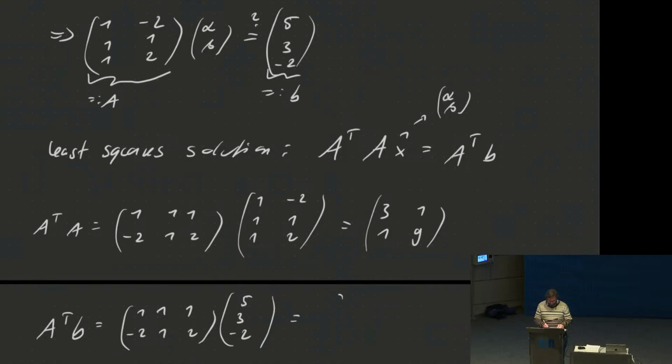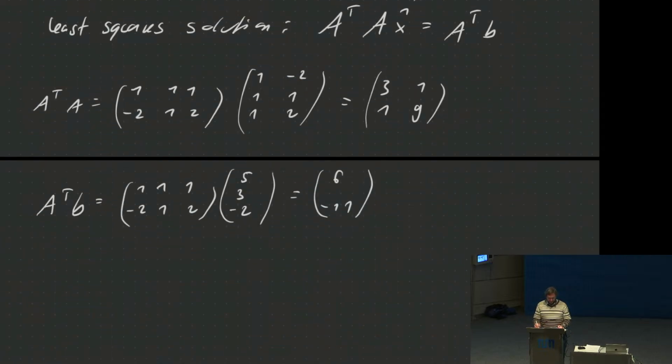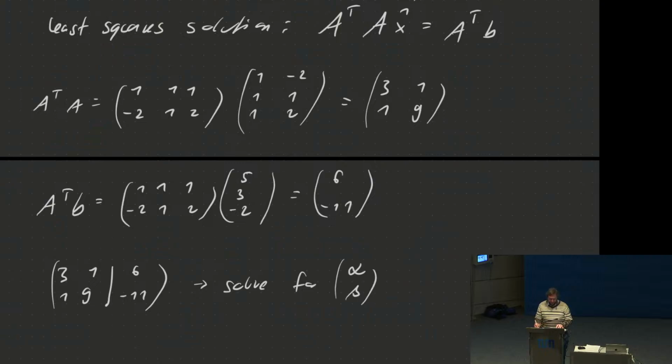Again, let's make this quick. You get 6, minus 11. So what you need to do is just solve this linear equation system. And those two variables here are alpha and beta. So we'll solve this for alpha and beta.